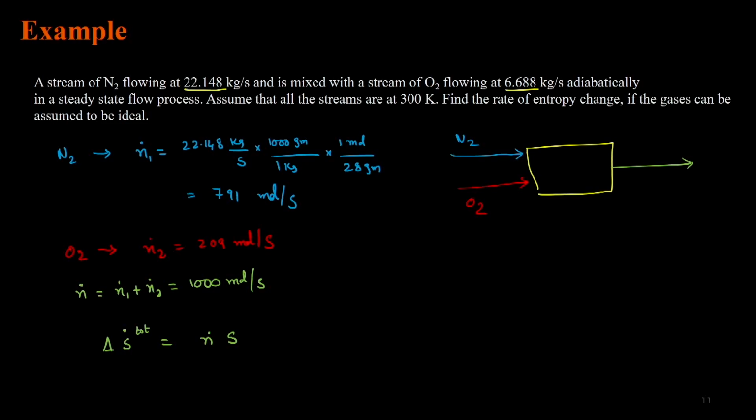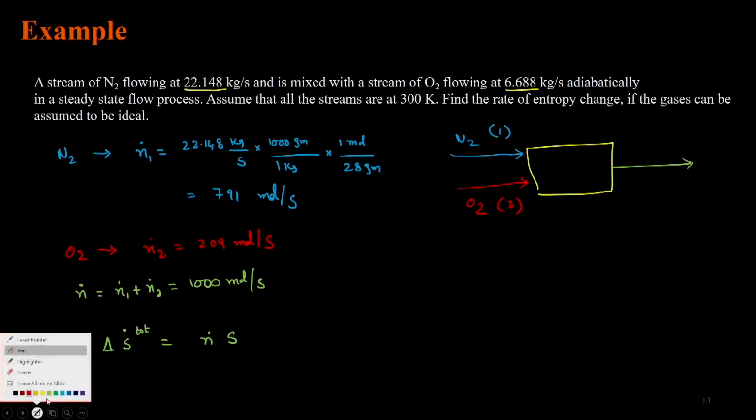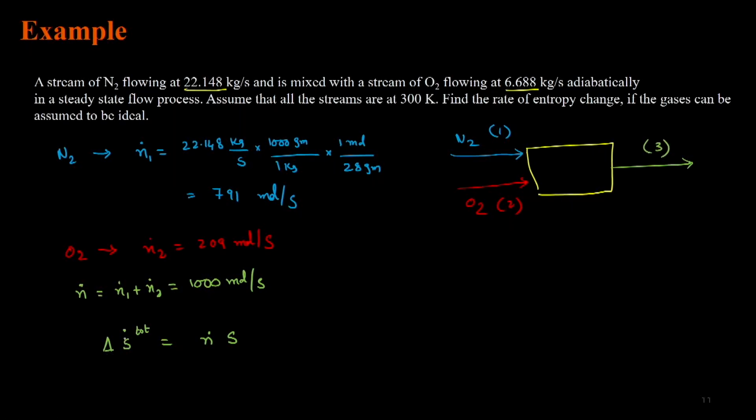Let's give these streams some numbers. So let's call this 1, this 2, and this 3. Then delta S total, the rate of change of total entropy, is N dot times S3 minus N1 dot times S1 minus N2 dot times S2.